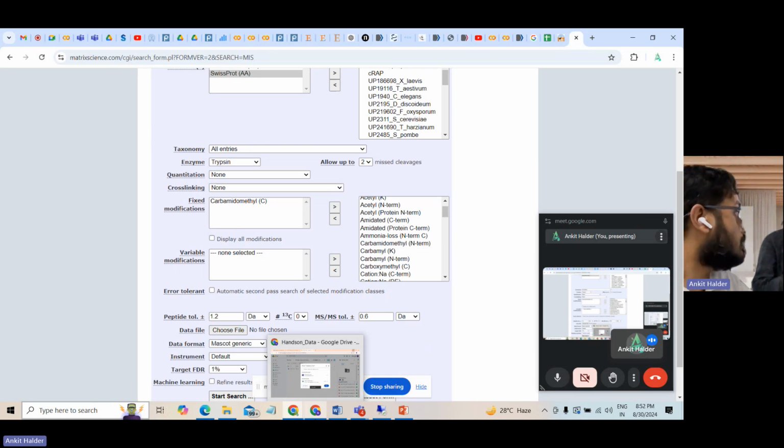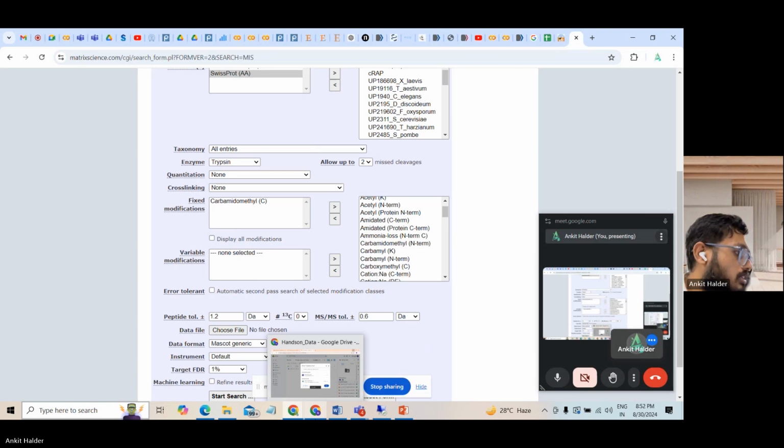So we are adding a fixed modification as carbamidomethylation, because this is always required in the particular sample.